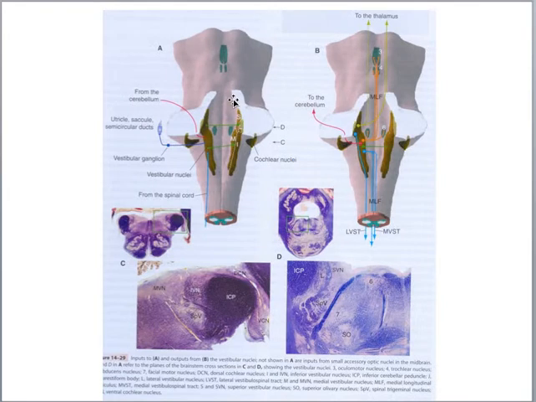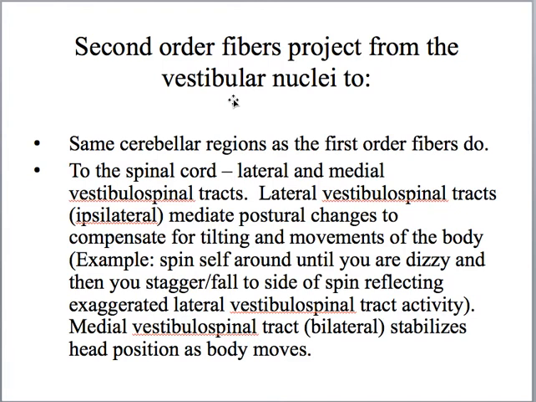And so I want you to turn to slide number 13. These secondary projections coming from these vestibular nuclei are going to project to the spinal cord. You're going to have a lateral and medial vestibular tract coming from these vestibular nuclei. The lateral vestibulospinal tract, which is projecting ipsilaterally, has the function of mediating postural changes to compensate for tilting and movement of the body.